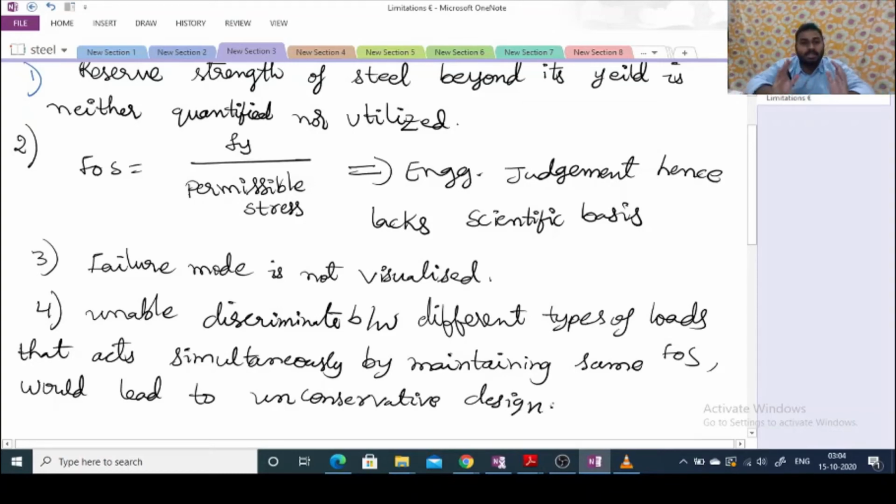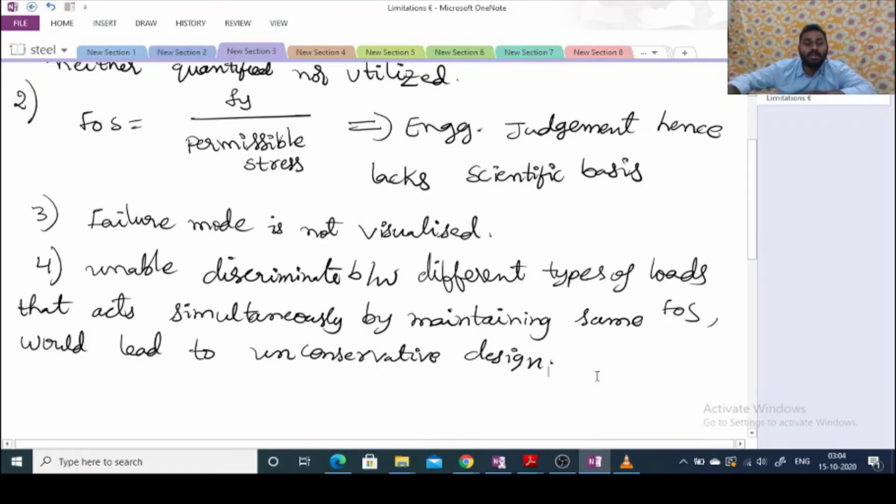As I said previously, this is the last limitation. Now what is this limitation? Once again I'll read it: unable to discriminate between different types of loads that act simultaneously by maintaining same factor of safety would lead to unconservative design. So what is meant by this limitation?